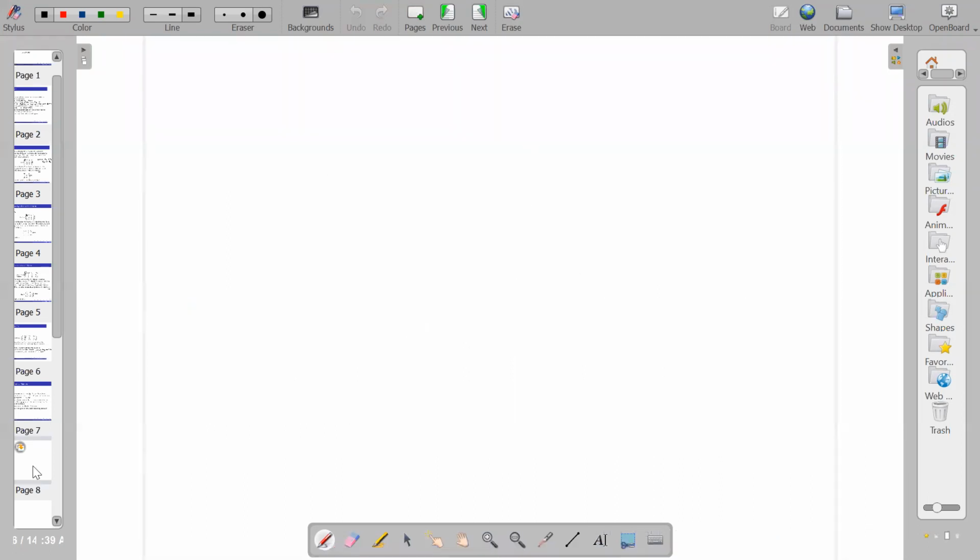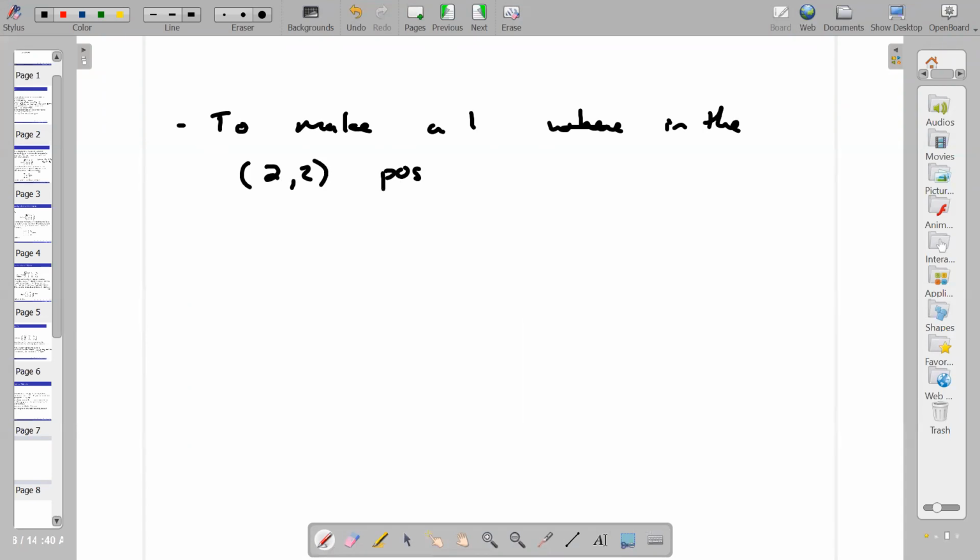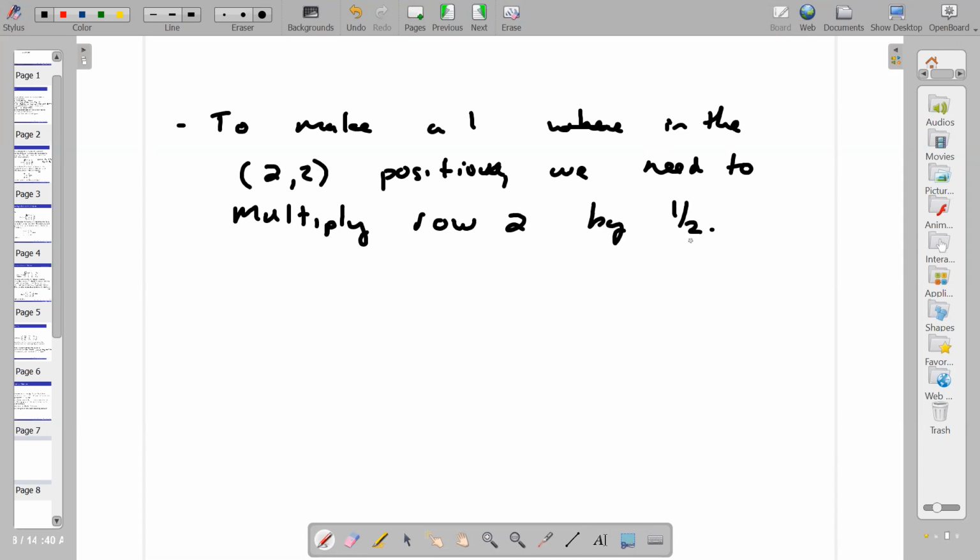So to make a 1 where you see 2, or I guess I should say in the 2 position, we need to multiply row 2 of that big matrix by 1/2.